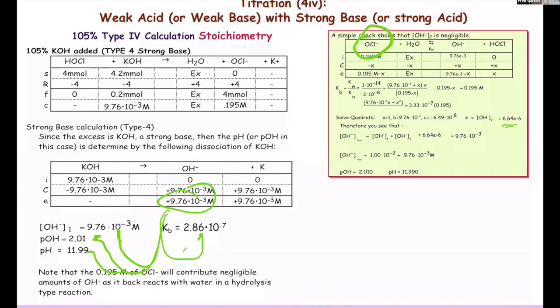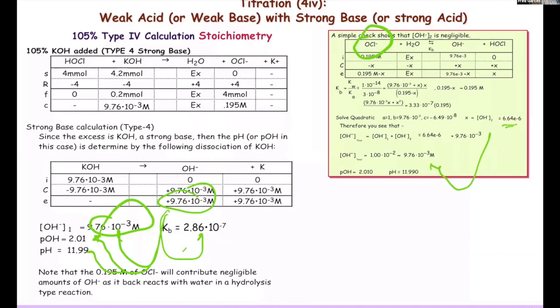If I add that to this value right here, basically it doesn't change the amount of hydroxide, which doesn't change the pOH, which doesn't change the pH. So whenever you're past the equivalence point, the shortcut is to figure out how much extra hydroxide you have in the new total volume, calculate that concentration, and that'll get you your pH.